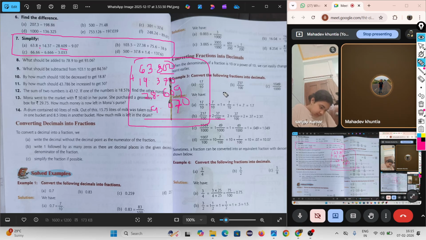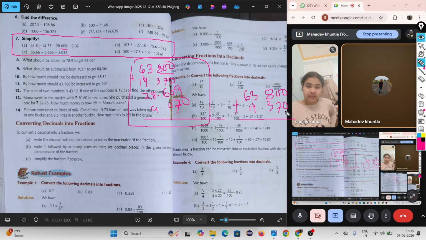Don't use a calculator. Look at my screen. First you should add 63.800 plus 14.370. How much did you get?